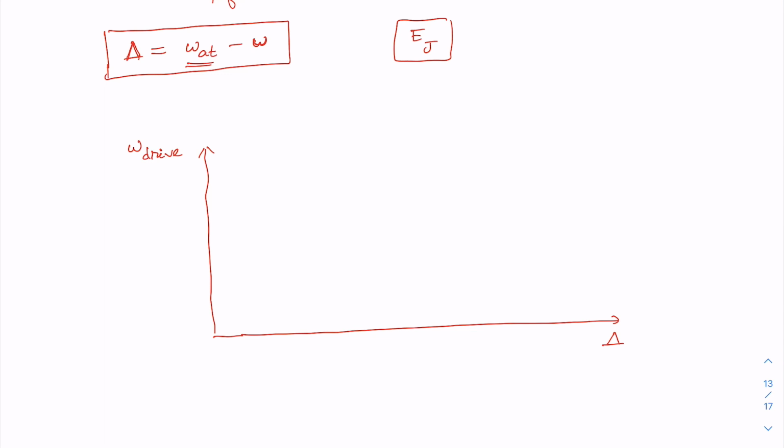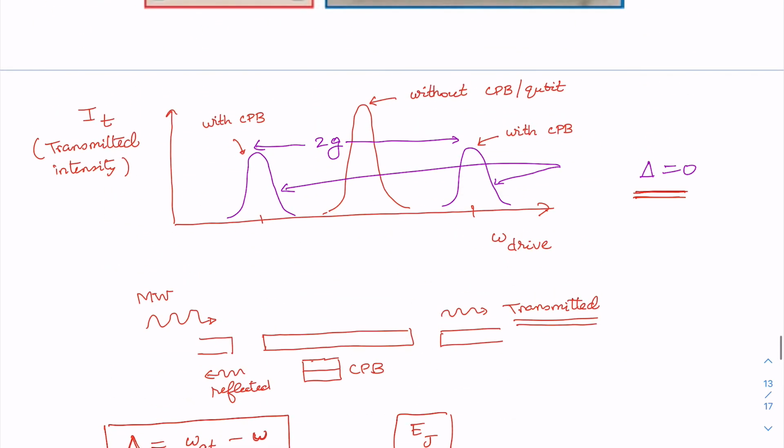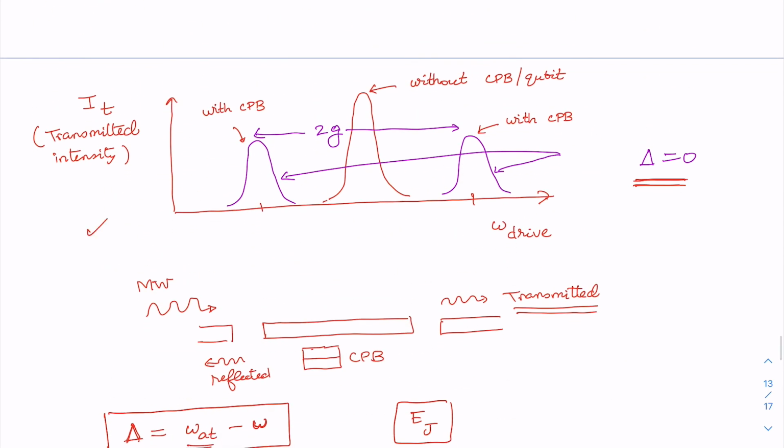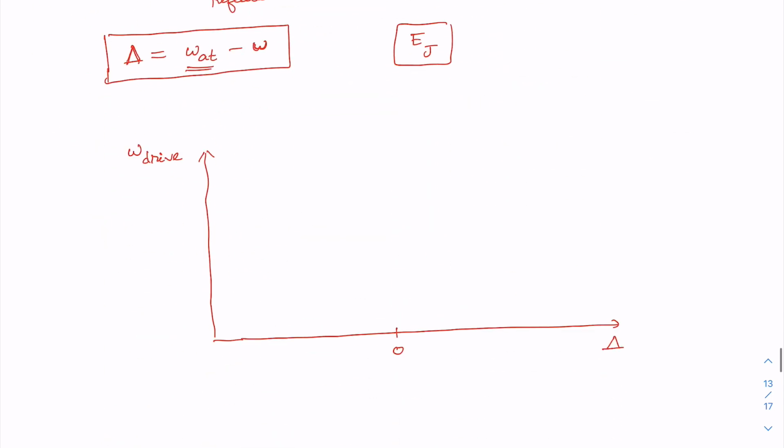Say delta equal to 0 is somewhere here. As we already know, at delta equal to 0, as you can also see from this plot, omega drive has two values and we have two peaks. So we have one peak here and another peak here.